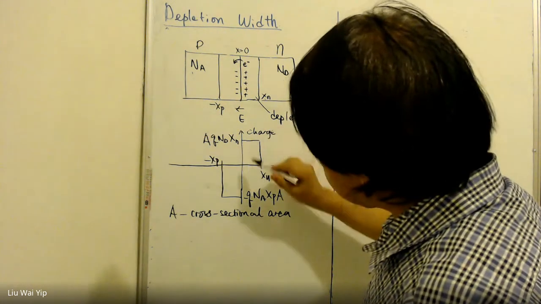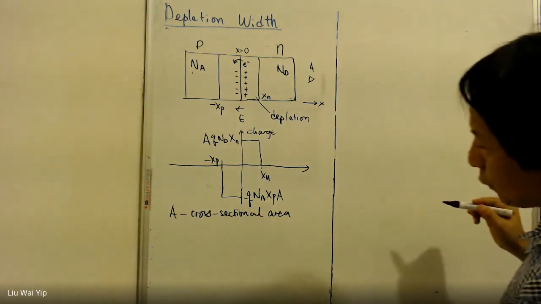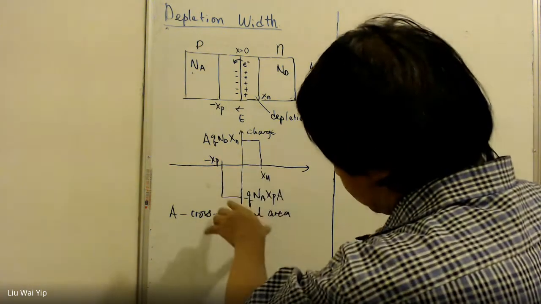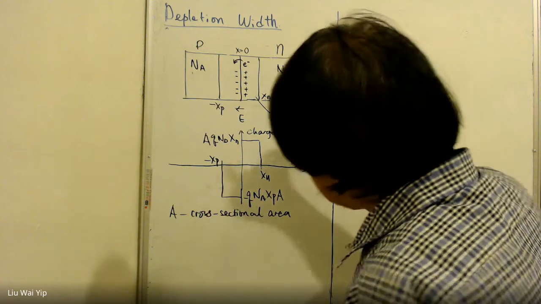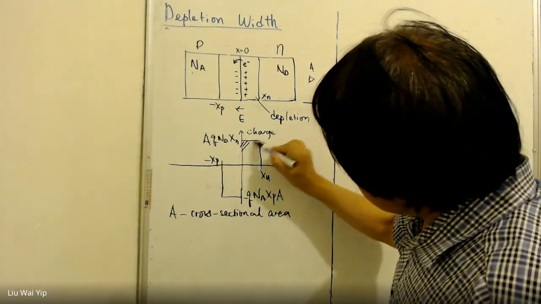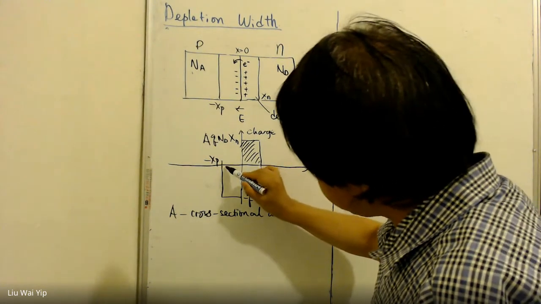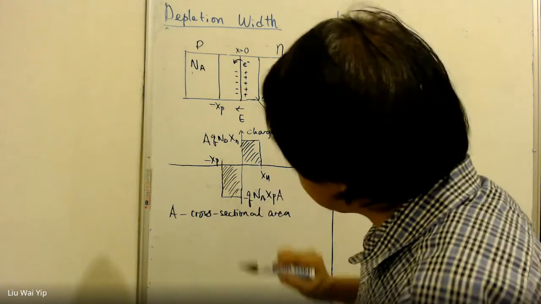Because of the law of conservation of charges, we expect the area here to be exactly equal to the area in the N region.